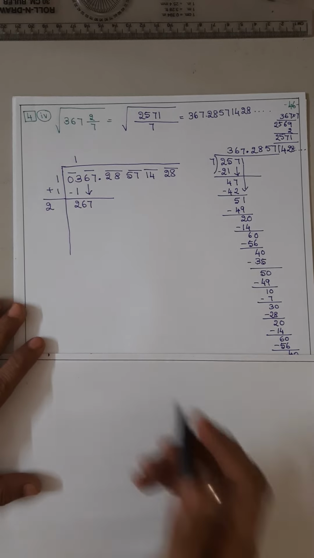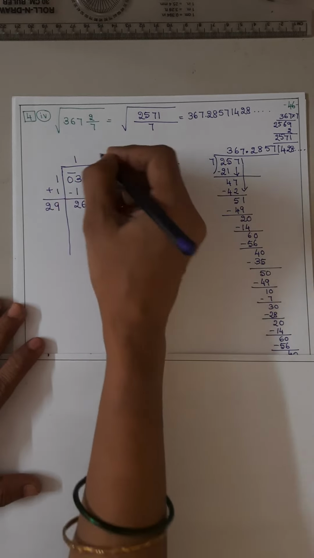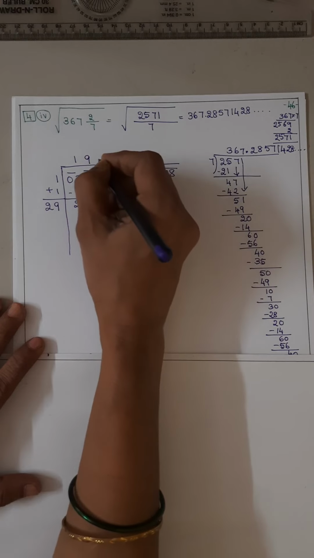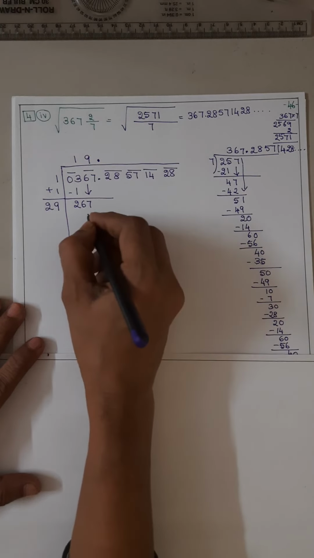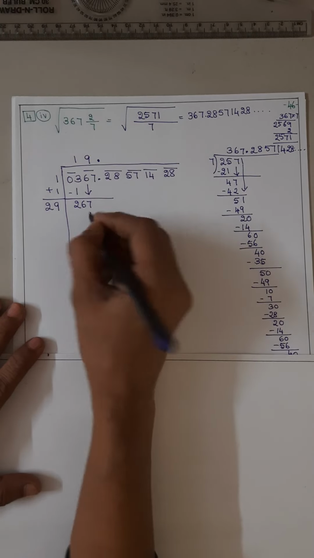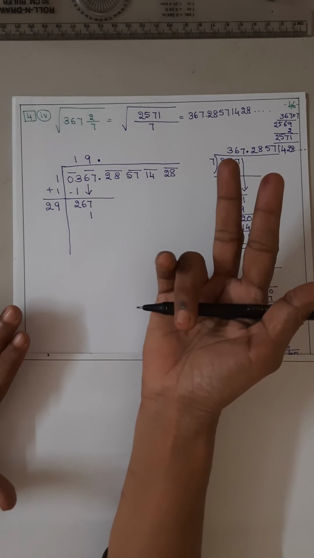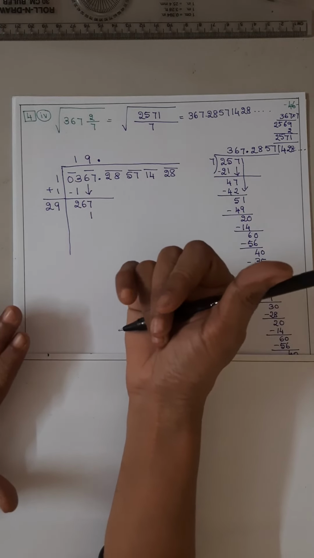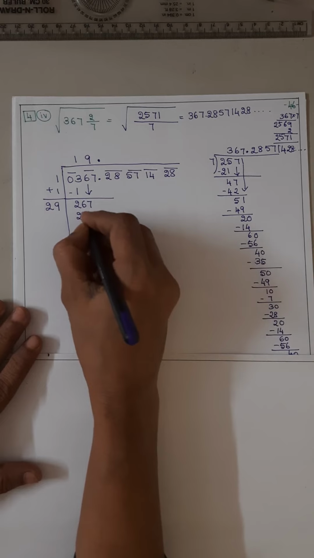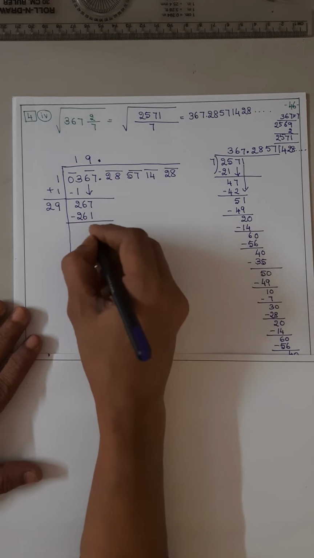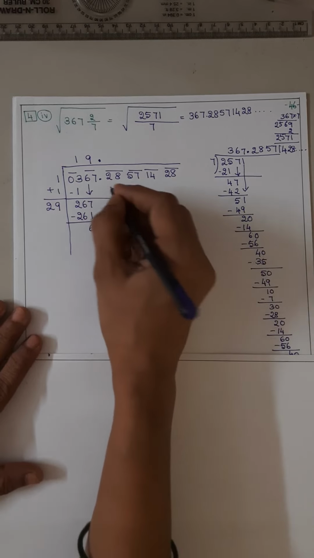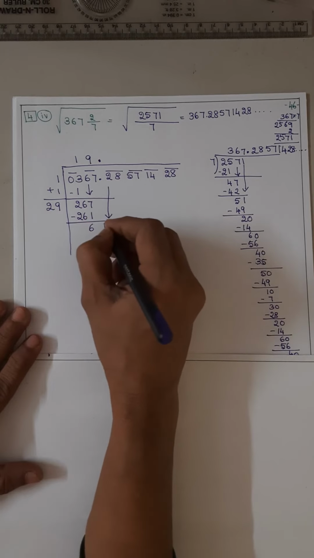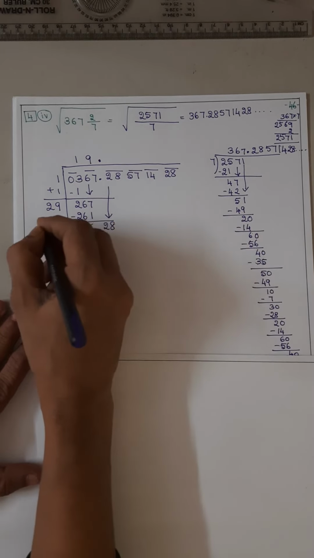Means you can try with 9. So put 9 in the decimal place. 9 nines are 81, 9 twos are 18, 19, 20, 26. It is a 6 and bring this 28 down.